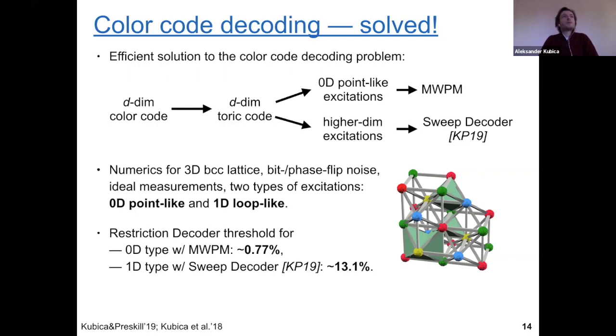For higher dimensional excitations, you would be finding a k-dimensional object whose boundary matches the observed syndrome. So in 3 dimensions, the problem boils down to finding some filling of loop-like objects. But in higher dimensions, you can, for instance, be thinking of filling some collection of spheres.